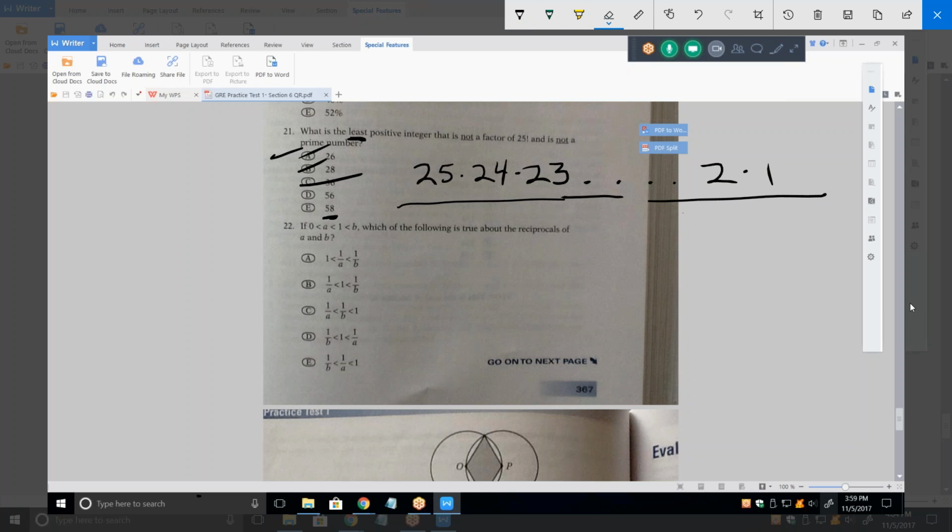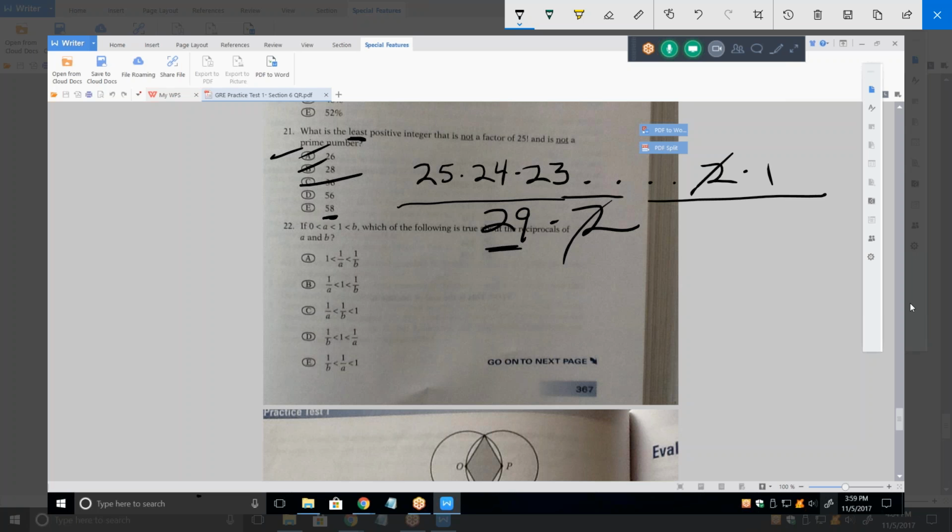Right. But for explanation purposes, let's try 58. Well, 58 is 29 times 2. 29 has no factors. If 29 has no factors, then I'm not going to find it in the numerator. I'll find the 2, but then I'll be left with a 29, and 29 is not a factor of what's left.